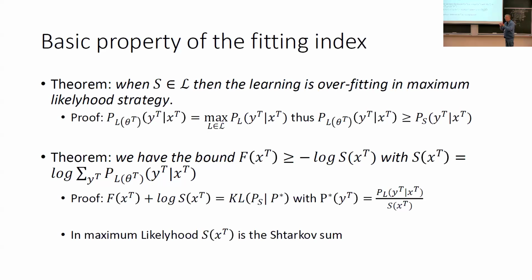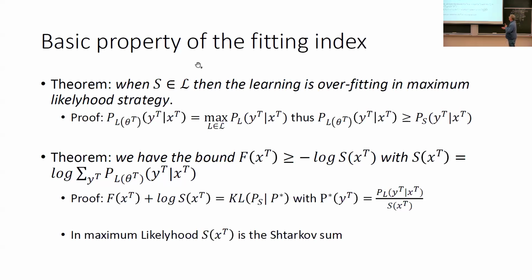You will find something else which will look closer to the sequence you submitted. But we will see that it is not so far. Anyhow, it is overfitting if the source model is in the learning class.